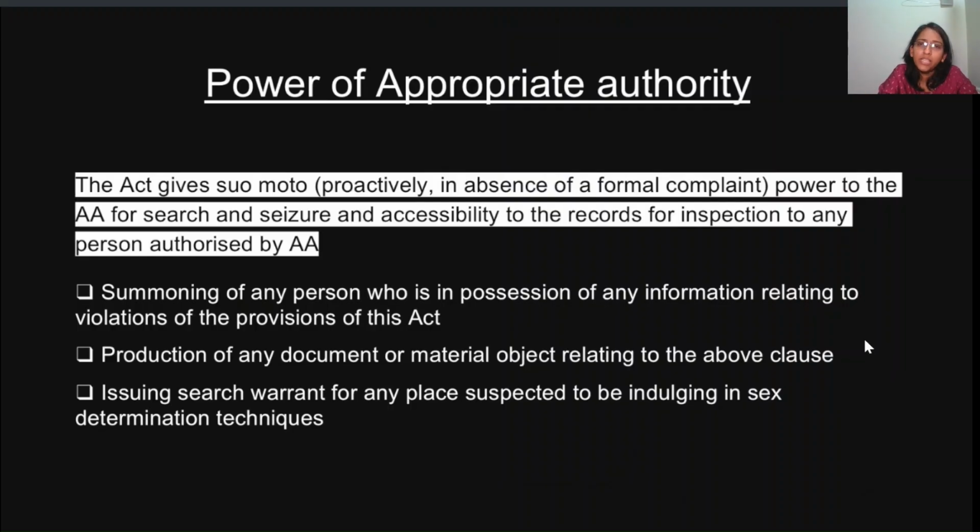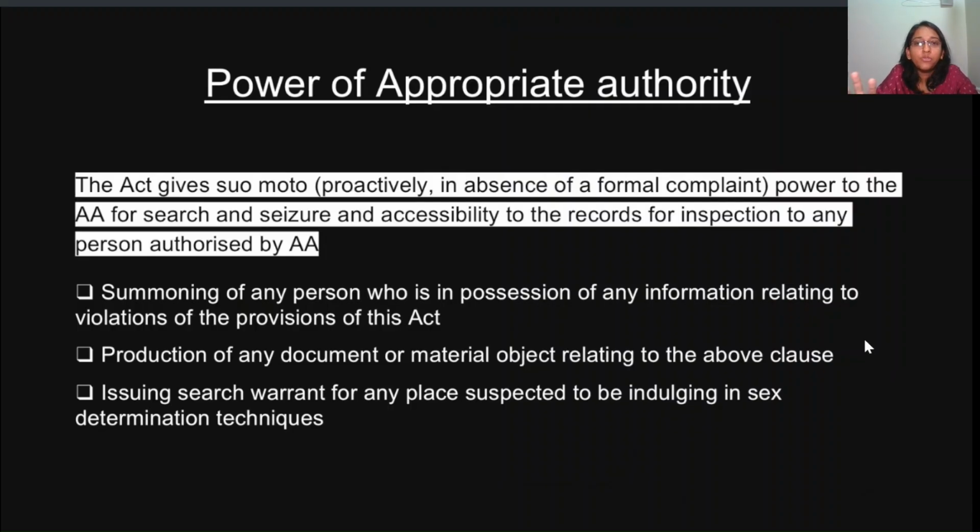So any person who is authorized by the appropriate authority can search, seize, and has accessibility to all the records of any imaging center. They have the power of summoning any person who is in possession of any information related to violation of provisions of the Act.